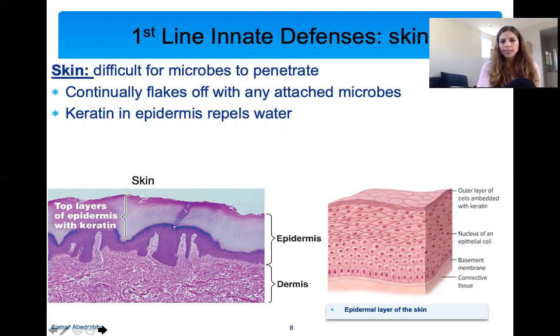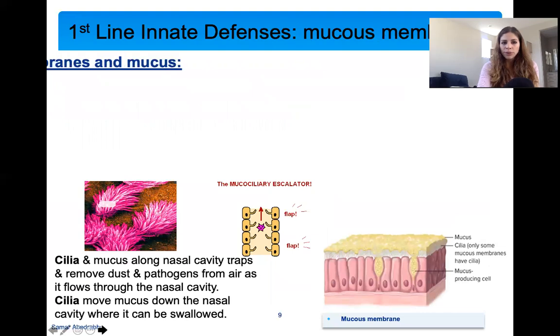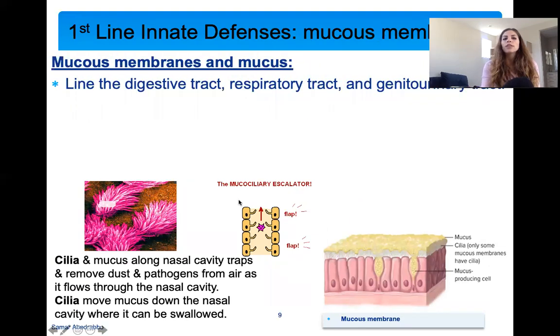Another part of your first line innate defenses are your mucous membranes and mucus. Mucus or mucous membranes line the digestive tract, your respiratory tract, and your genitourinary tract. Meaning, if you look at your digestive tract, like your stomach or your intestines, or your respiratory tract, this is where you breathe. You have cells that secrete mucus.